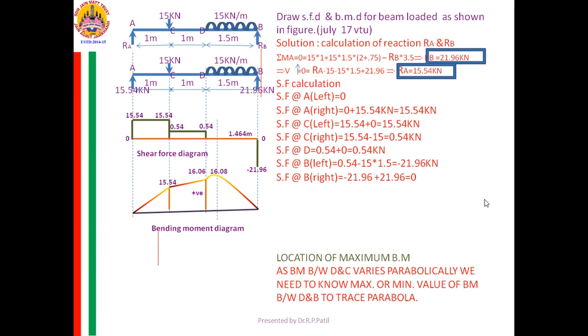If you don't want to give the trouble to your brain, directly you see the load there, UDL here inclined, no load parallel, like that also you can remember. On that part, if no load is there, the line will be parallel. If UDL is there, the line will be inclined. If inclined load is there, it's like integration of ax plus b, ax square plus bx plus c.